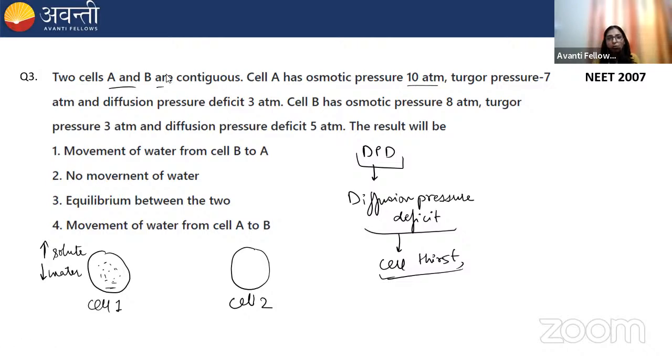Because it has very little water. This cell has a high solute, that means low water potential. So cell thirst will be more, so it will have a high DPD, because the cell requires more water.